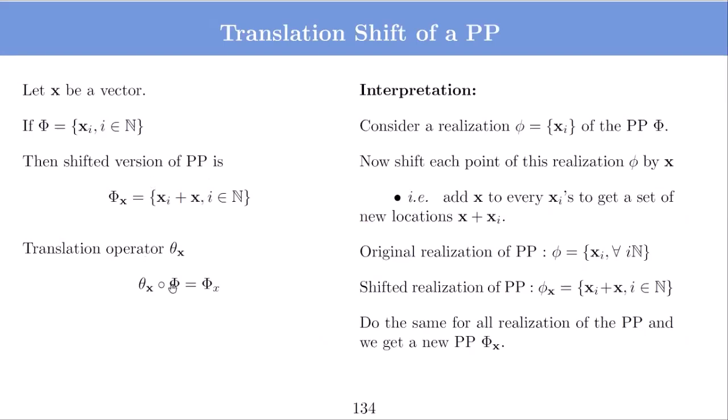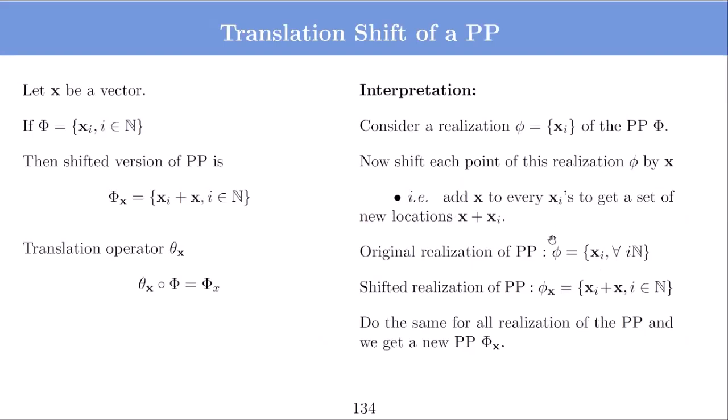So this operator we know as theta x, and when we say that theta x is applied on phi, this means I will get a phi x. So consider realization phi. Now shift each point of this realization phi by x. So add x to every xi to get a set of new locations. Original realization of PP is this, and the shifted realization of PP is this.